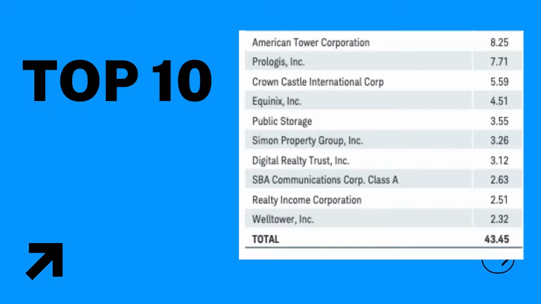You had American Tower, Prologis, Crown Castle, Equinix, Public Storage, Simon Property Group, which is actually a pretty popular one, Digital Realty Trust, and Welltower, just to name a few. In total, the top 10 companies in this ETF account for almost 50% of the portfolio. So even though it has a little bit over 100 holdings, the top 10 basically takes up the majority of the holdings.